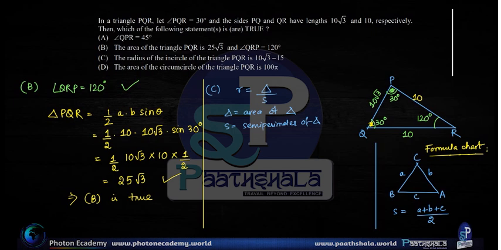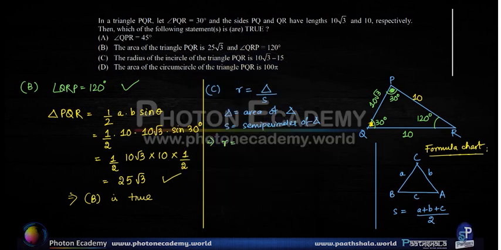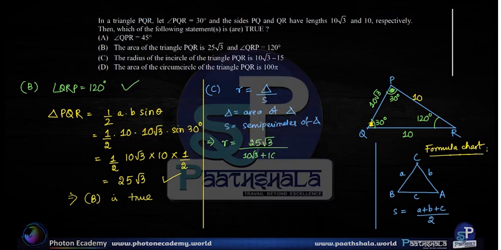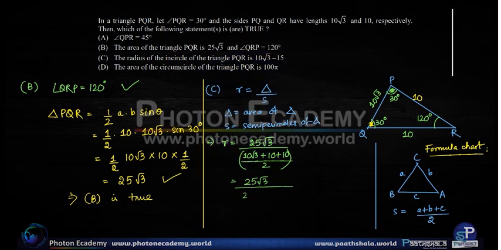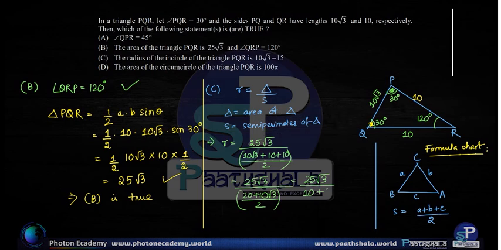That implies the value of the inner circle radius is del, which is 25 root 3, which we evaluated in option B, divided by the semi-perimeter, which is 10 root 3 plus 10 plus 10 divided by 2, which is equal to 25 root 3 divided by 20 plus 10 root 3 by 2, which is equal to 25 root 3 divided by 10 plus 5 root 3.